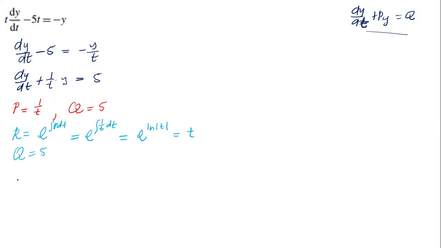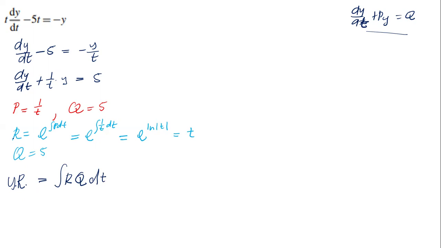So remember, we say the independent variable multiplied by the integration factor is equal to the integral of the integration factor multiplied by q d what? dt. Yes, dt, not dx now. That's why I kept on emphasizing, because you can make mistakes.